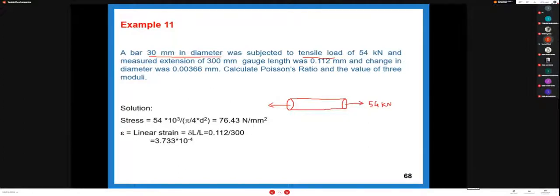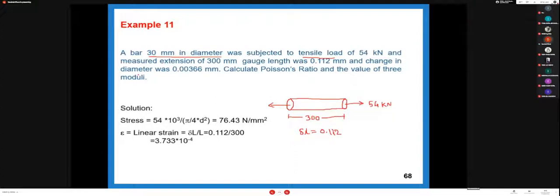And measure the extension of 300 gauge length. So the length is given as 300, and the extension is 0.112, meaning delta L, the change in length, is given as 0.112.